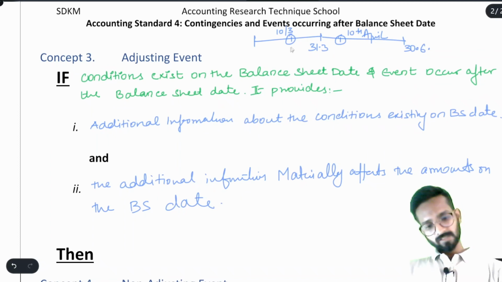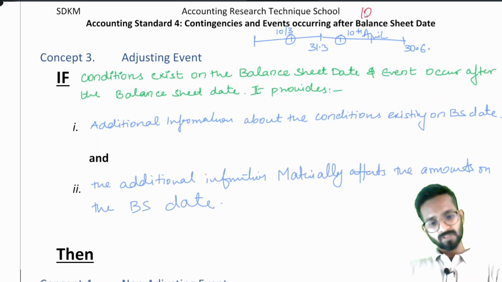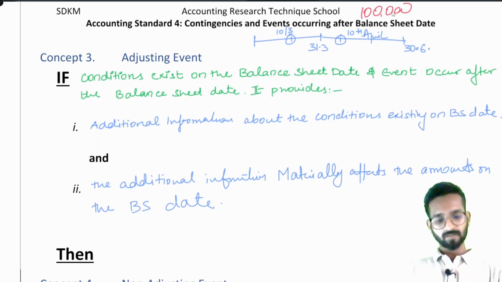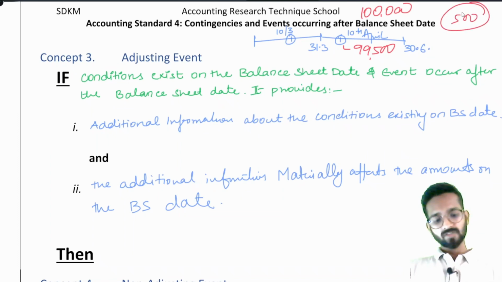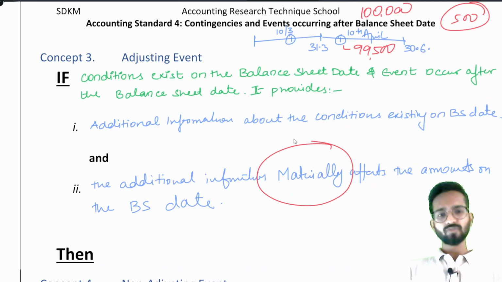Like, say fire occurred and I was supposed to receive 1 lakh rupees from my debtor, okay? He gave me only 99,500. Now you will say, sir, that is okay, no? Even after the fire at his factory, he still gave you 99,500. So the loss is very less, that is 500 rupees. So that is not even material, understood? That is not even material, so you can just ignore it.